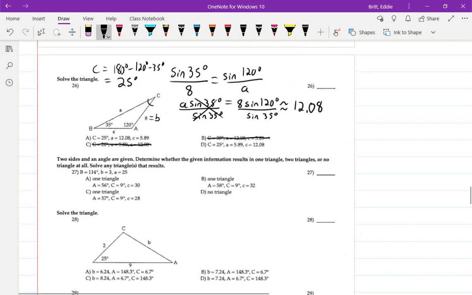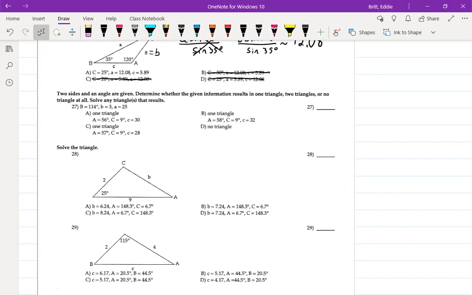This one has side A as 5.89. This one has side A as 12.08. So if you wanted to solve for side C, use the 25 degrees and cross multiply and divide, you'll get 5.89. Just to save time, I'm showing you that when you find 2, you got the answer there. It has to be A. Just make sure that you know what variable you solve for right here.